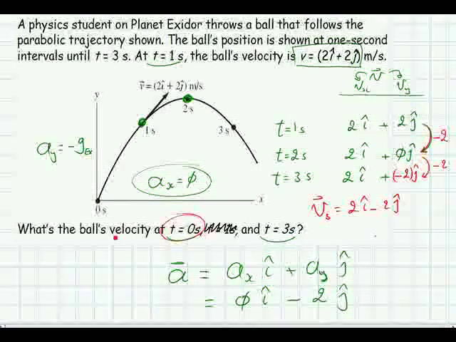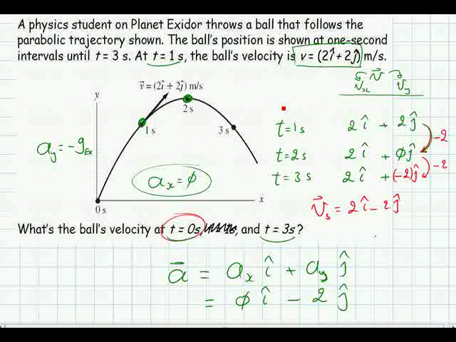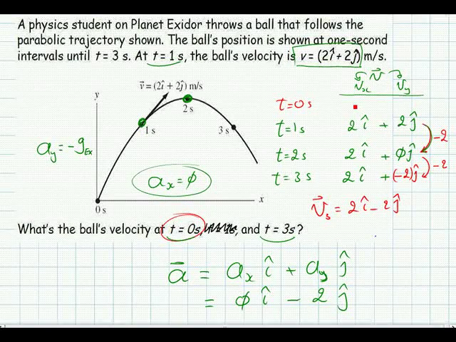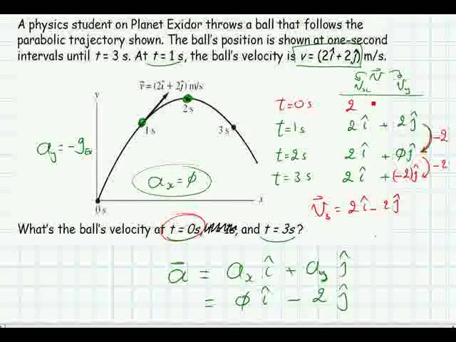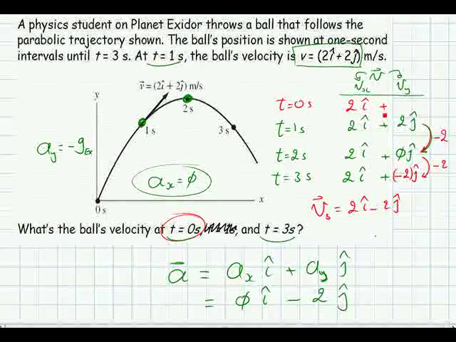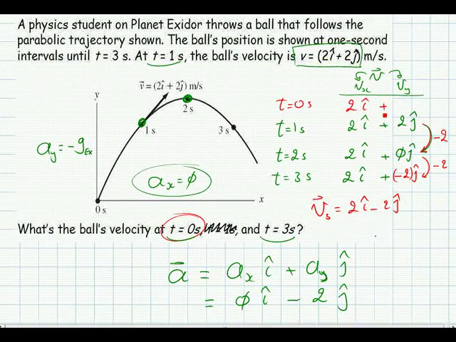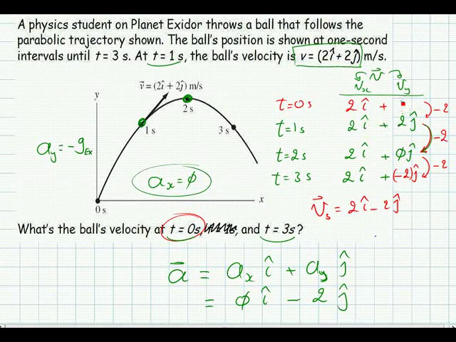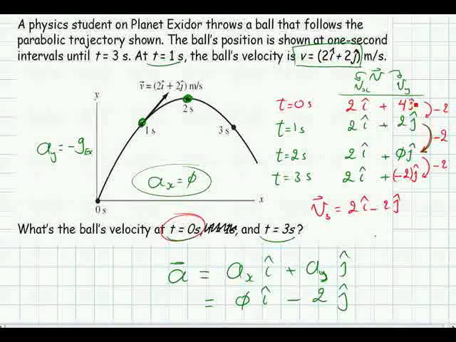Now how about at t equals 0 seconds? My x velocity component is still the same, 2i, but how about my y component? The y component must have undergone this negative 2 change going from 0 seconds to 1 second, which means that I must have started at 4j.